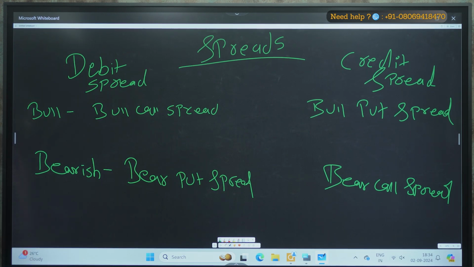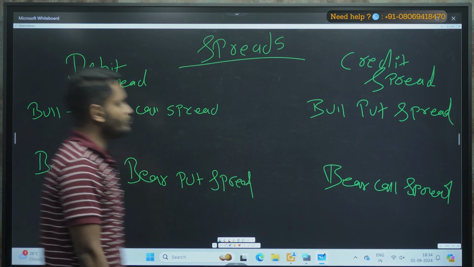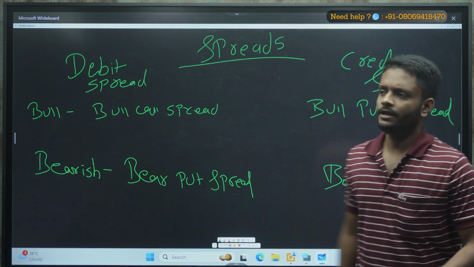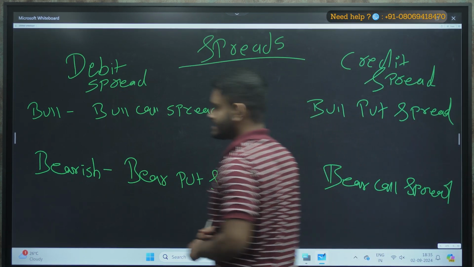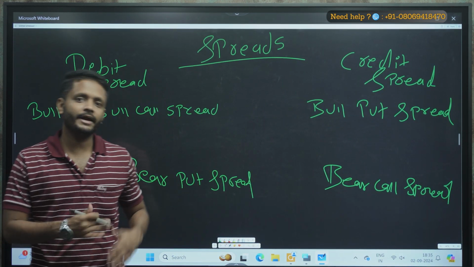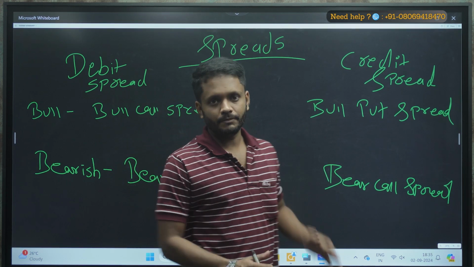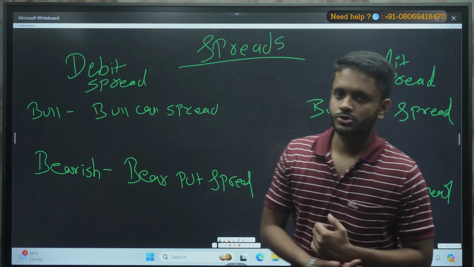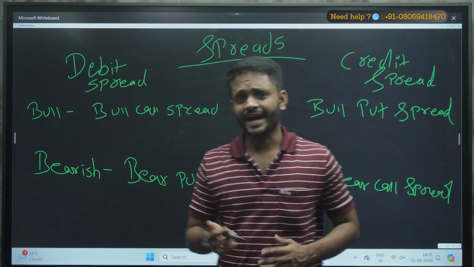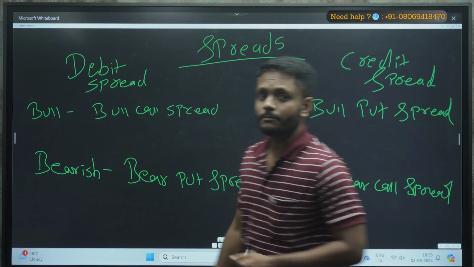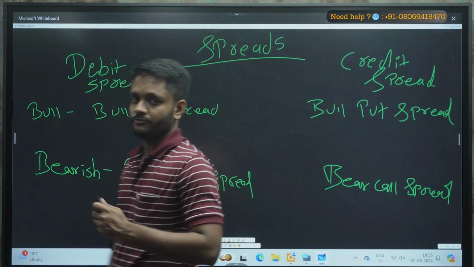Okay, I hope this might be clear. Now let me tell you why we do so. Say for example, if you are going with debit spread, what does that mean? We usually buy ATM and we sell OTM, correct? So in that case, we are paying more premium to the market instead of receiving more premium from the market.